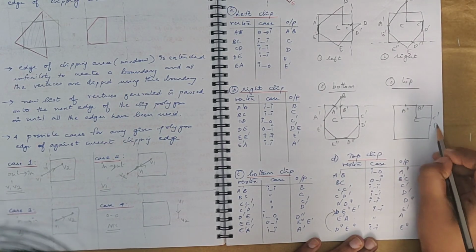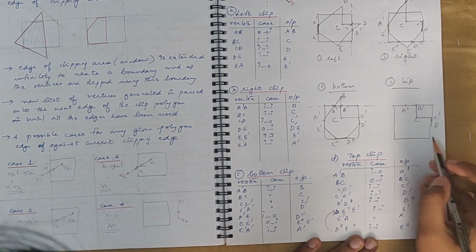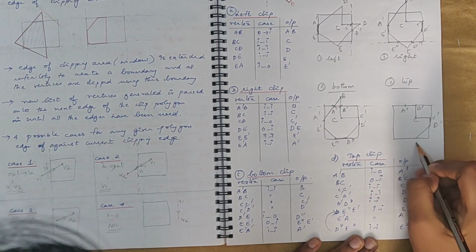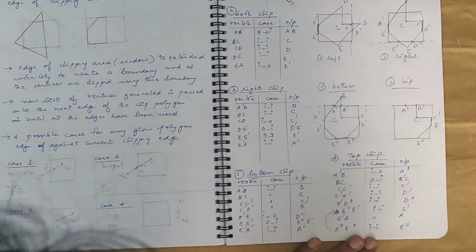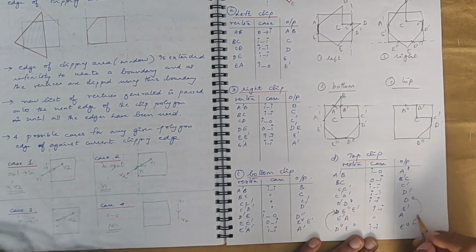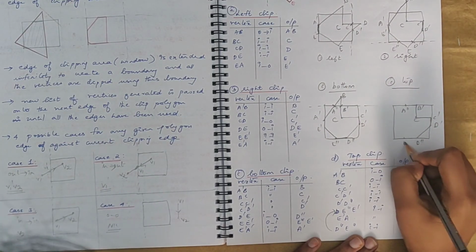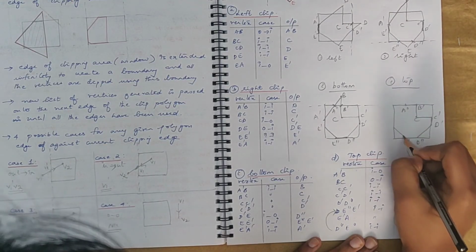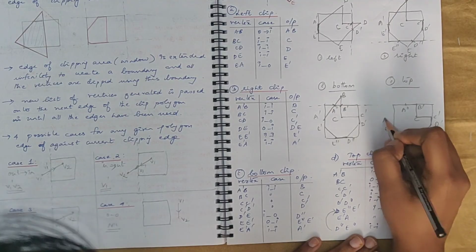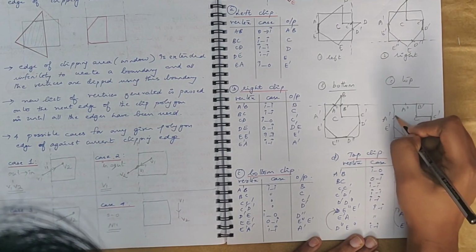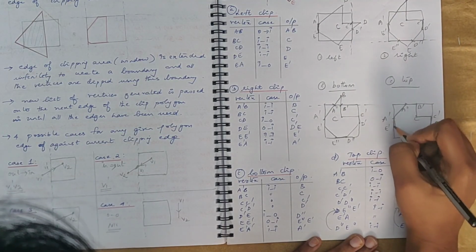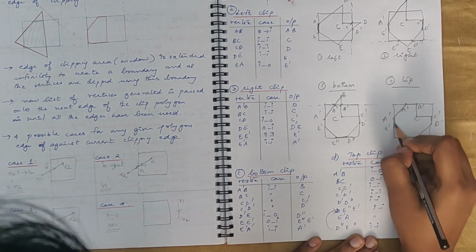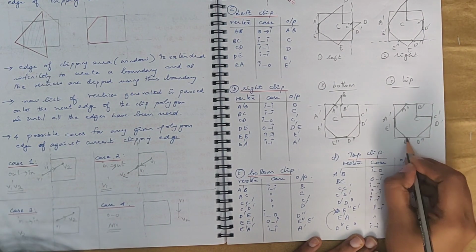Then you have D dash, then D double dash. After D double dash comes E double dash. Then after that goes E dash, and then your A dash. So this is the clipped polygon.